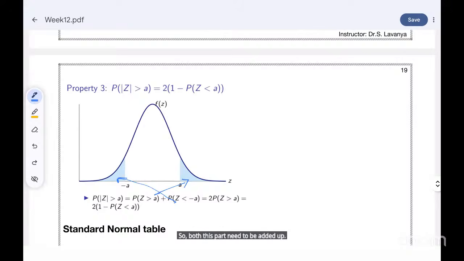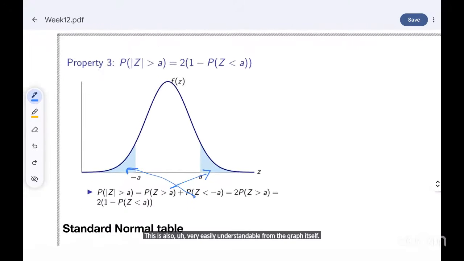We have already seen that the areas are the same, so we can rewrite it as 2 times probability of z greater than a. And again, we rewrite it as 1 minus probability of z less than a. This is also very easily understandable from the graph itself. Is that clear? Property 3?